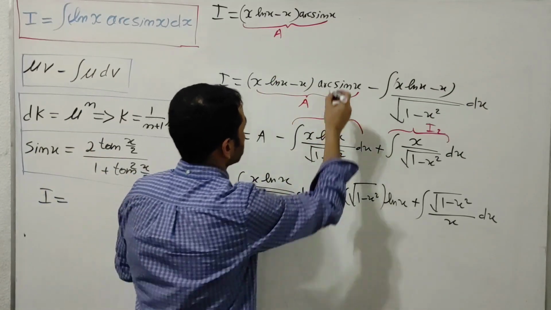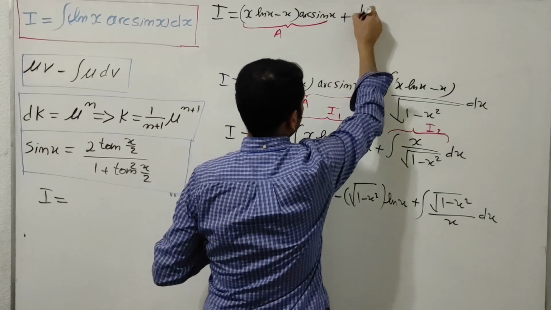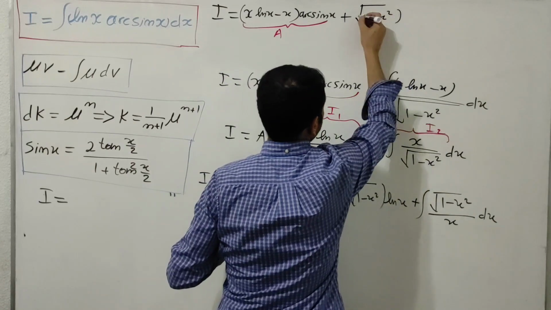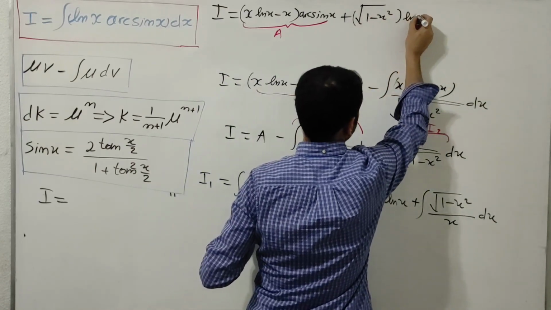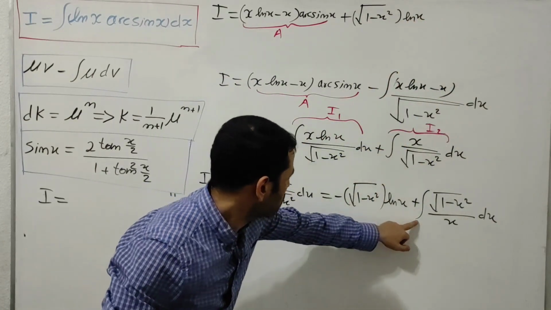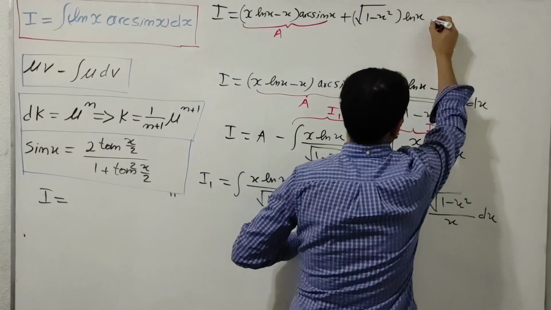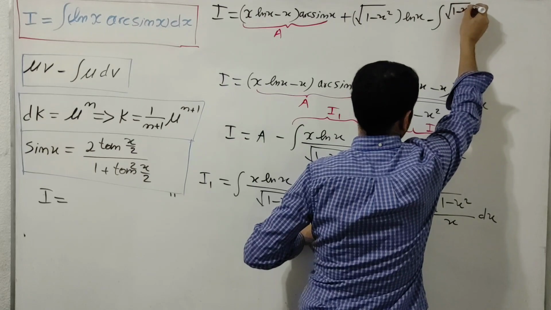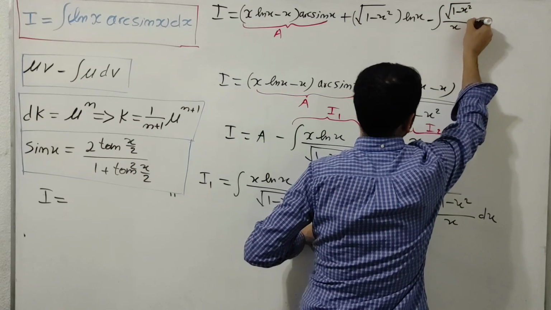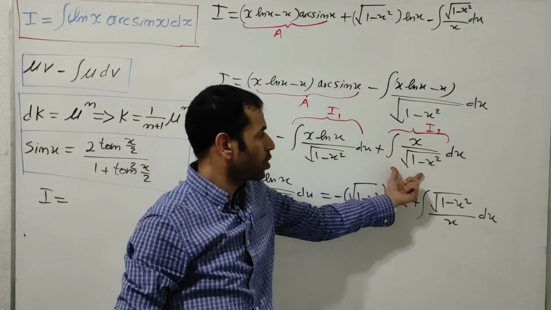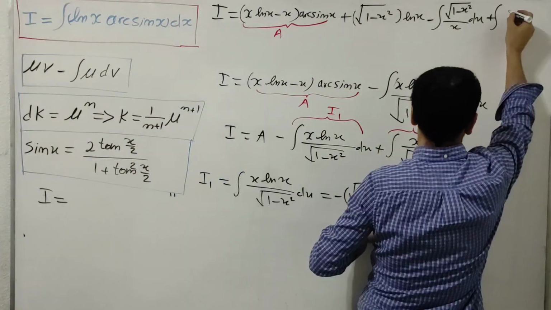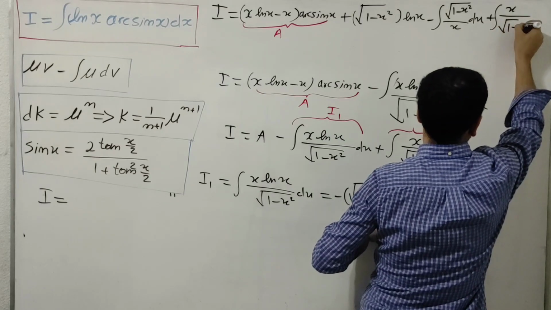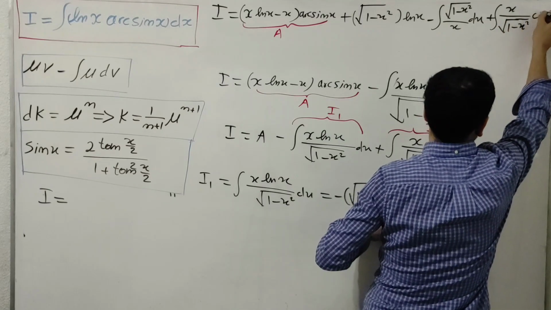With this minus becoming plus, square root of 1 minus x squared multiplied by natural log of x, minus this integral, which is minus the integral of square root of 1 minus x squared over x dx, plus the I2 integral, plus this one, plus the integral of x divided by 1 minus x squared dx.